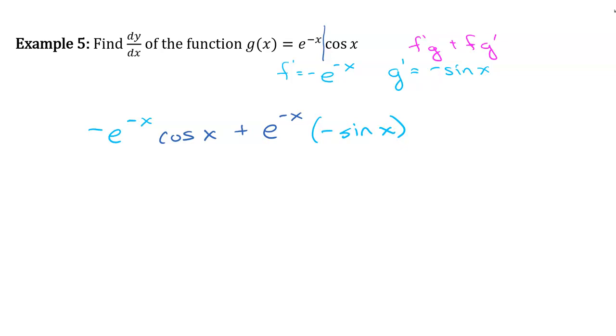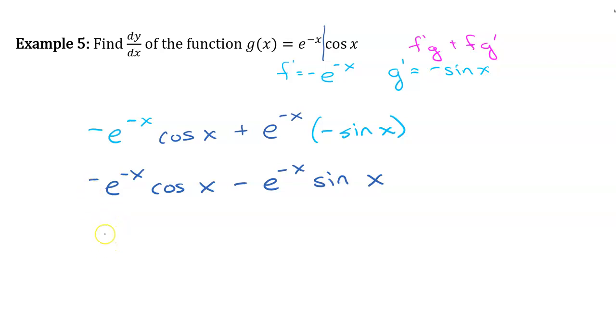There's just not much going on here. Now we do have that e to the negative x that we could pull out if we wanted to, and we really kind of prefer sine in front of cosine if at all possible, just as tradition.